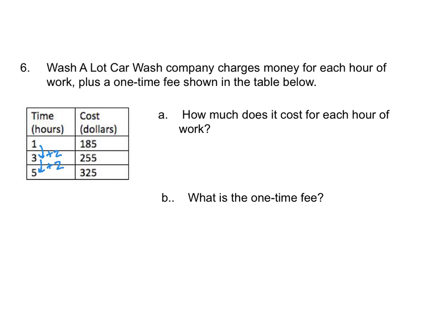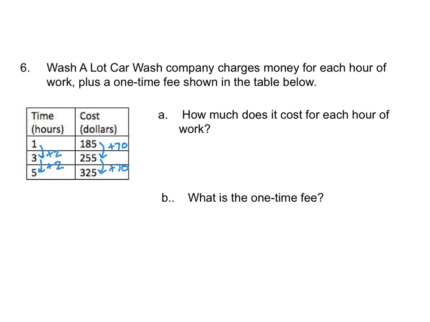And then how do we go from 185 to 255? Here it is adding 70. And then 255 to 325 is also adding 70. So for every 2 hours, they are adding $70.